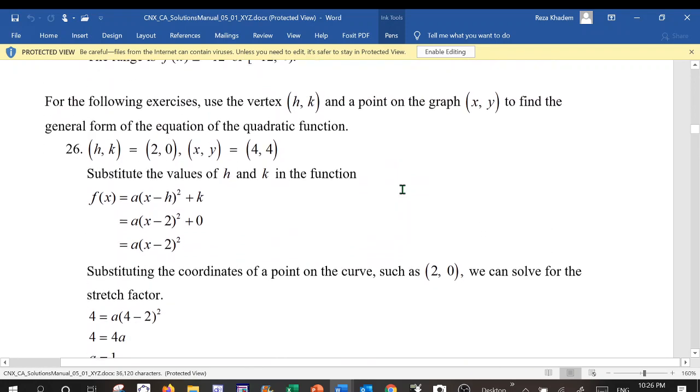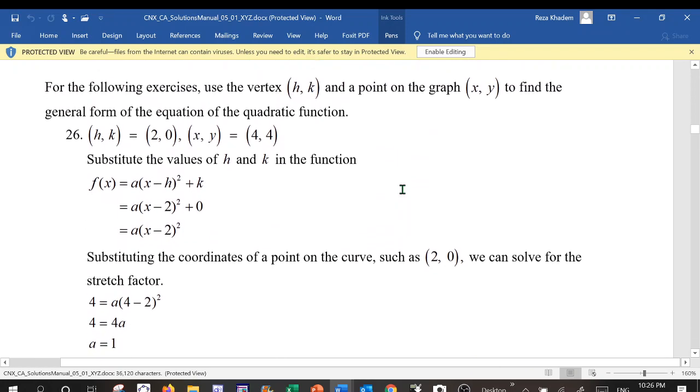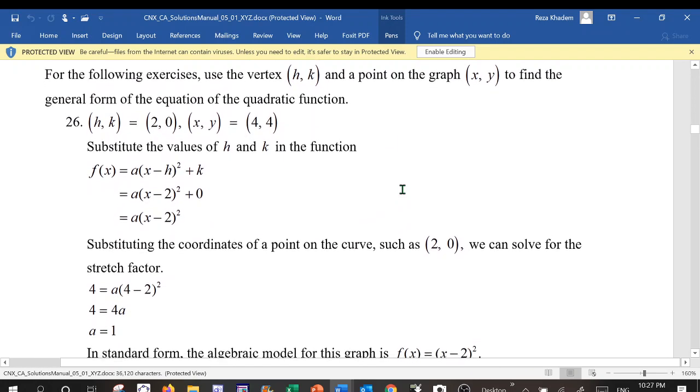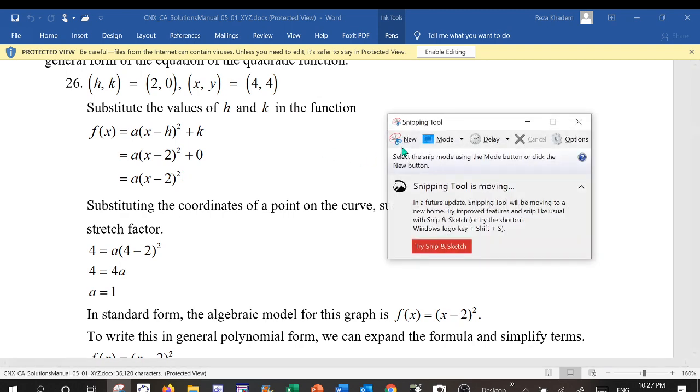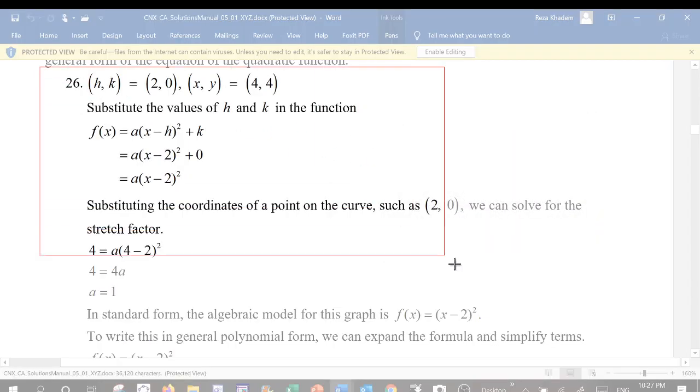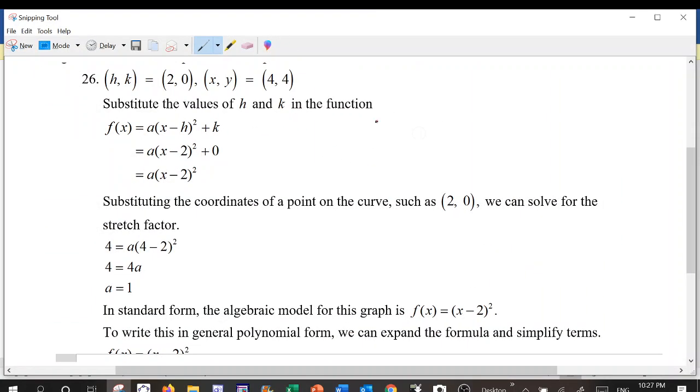Let's do another one quickly. It says, for the following, find a general form if you're given that much information, okay? Well, let's do that. So we are given this much information. So we have h and k.